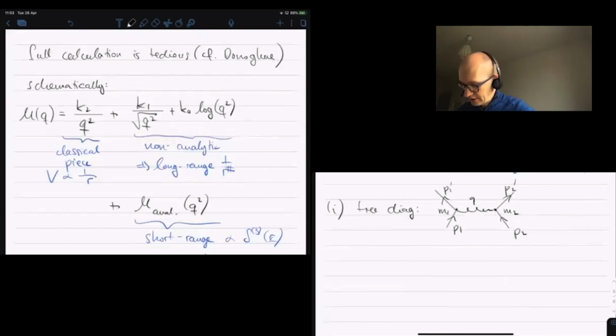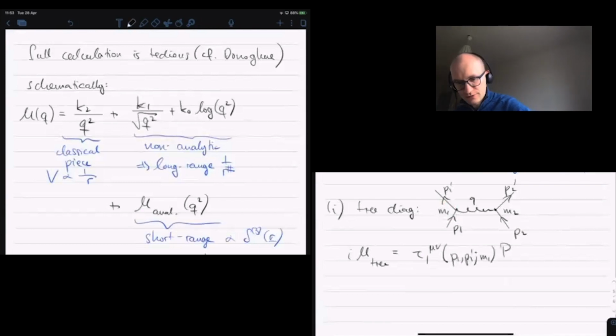And so we have the amplitude at tree level. This is going to be the energy-momentum tensor that corresponds to this mass source here, T mu nu 1 of P1, P1 prime, M1.